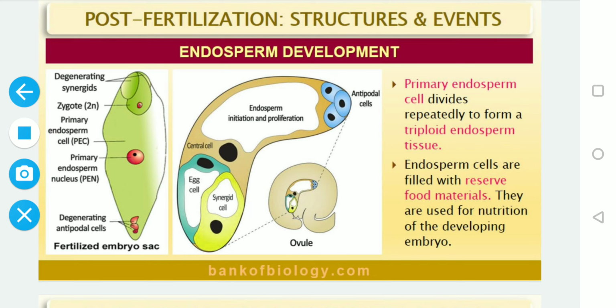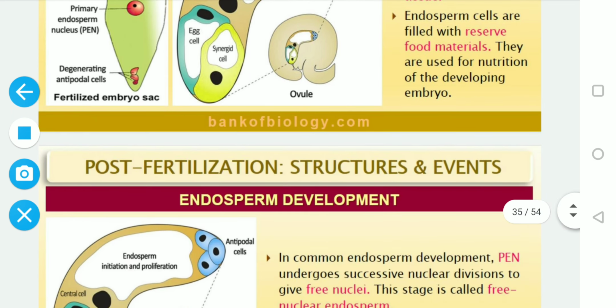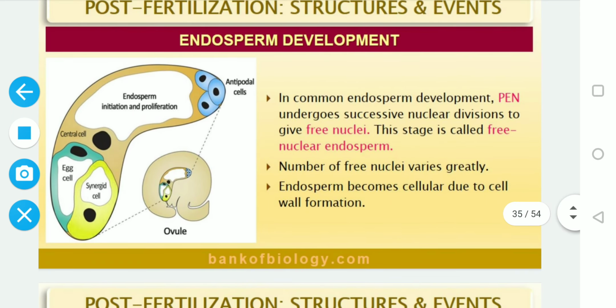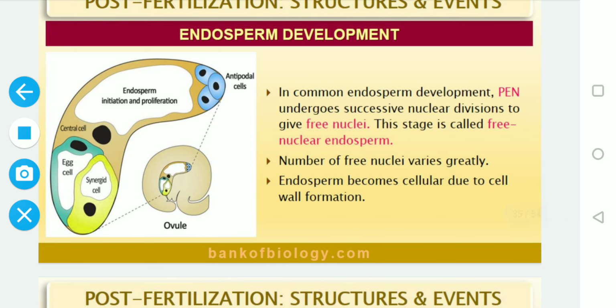Yeah, fine. And here you can identify the step-by-step mechanism. Generally, in common endosperm development, the PEN, primary endosperm nucleus, undergoes successive nuclear divisions, that means repeatedly, to give rise to free nuclei.